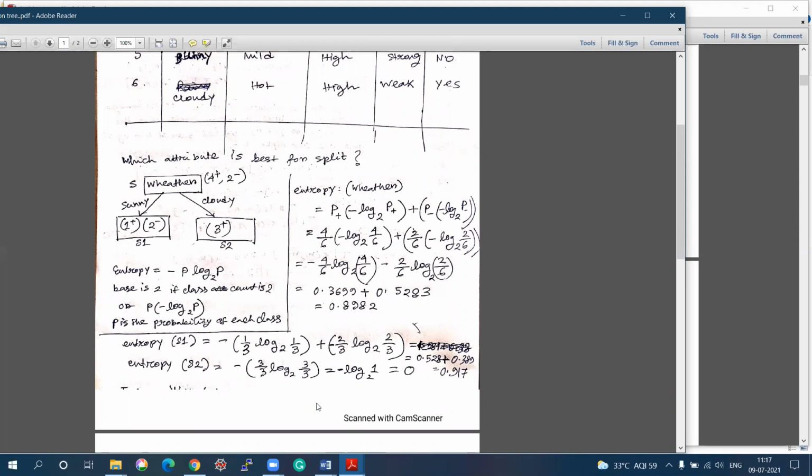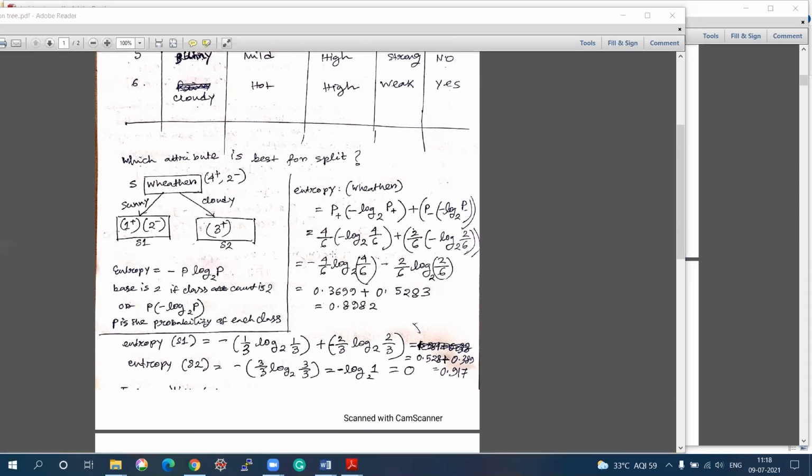probability is 0.5 or half, then the entropy is very high. So you can see this graph of the entropy is something like that.